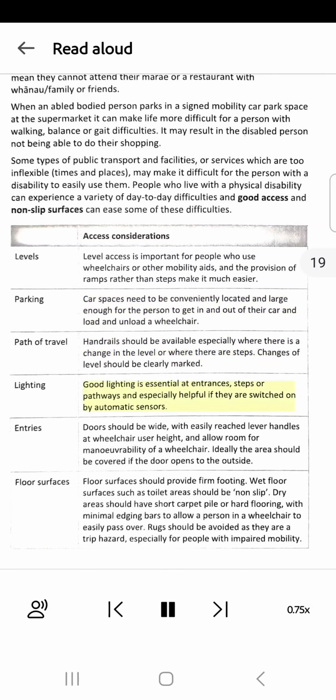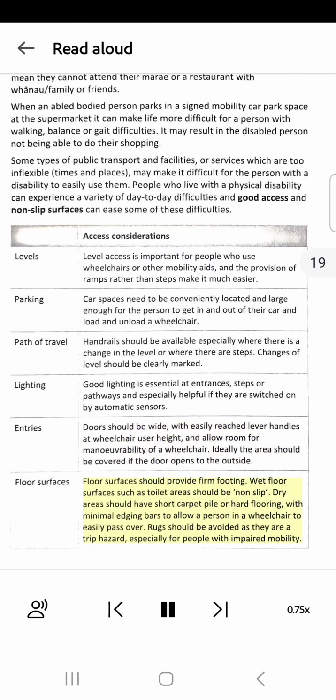Good lighting is essential at entrances, steps or pathways, and especially helpful if they are switched on by automatic sensors. Doors should be wide, with easily reached lever handles at wheelchair user height, and allow room for maneuverability of a wheelchair. Ideally, the area should be covered if the door opens to the outside. Floor surfaces should provide firm footing.